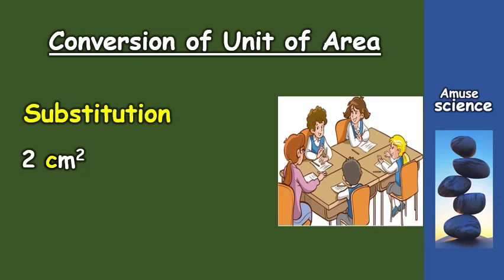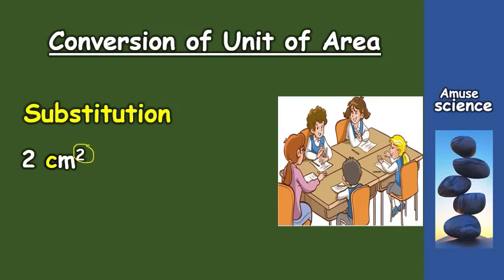Let me take it again. Because we are dealing with the unit of area, which is squared, whenever we substitute the value of a prefix, we have to square it. And this is the additional detail I want you to take good notice of.